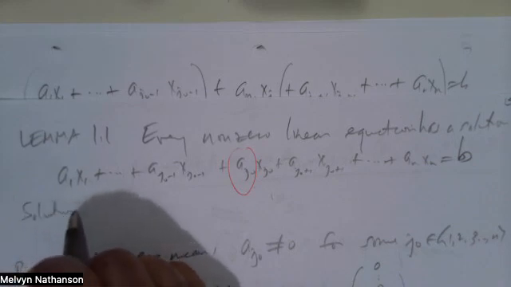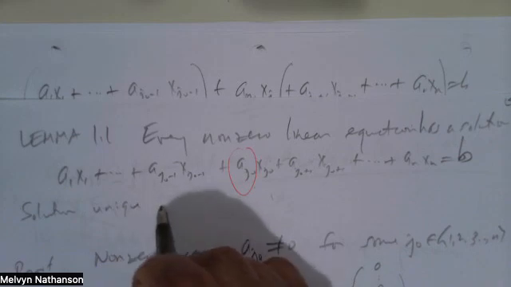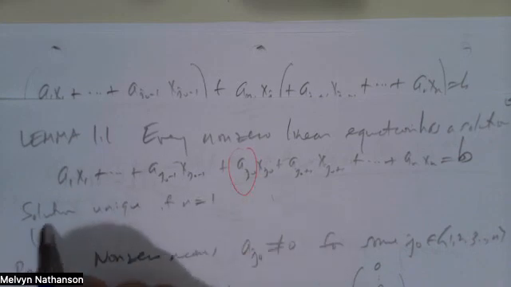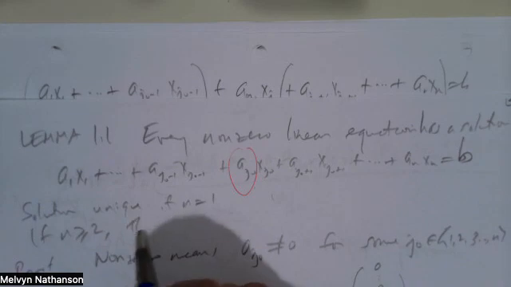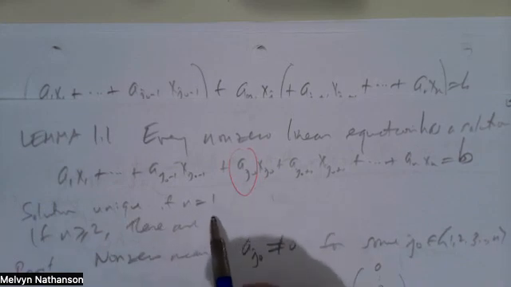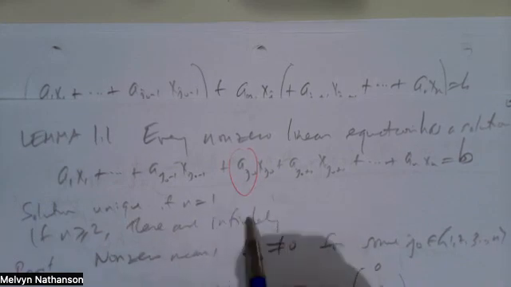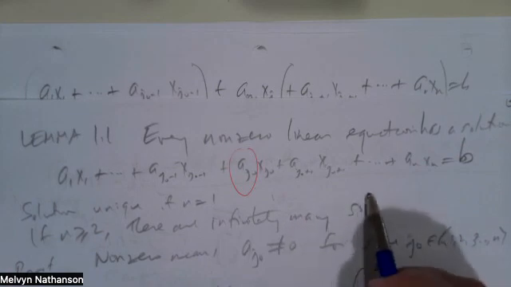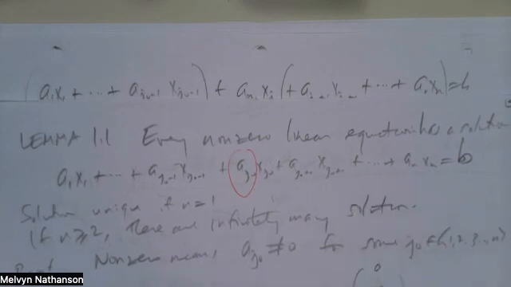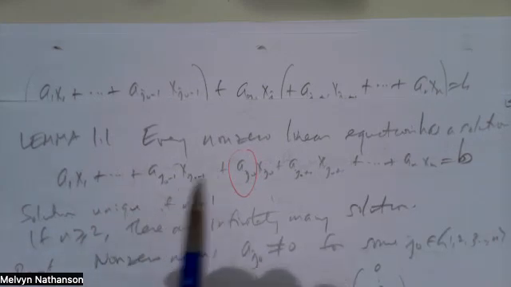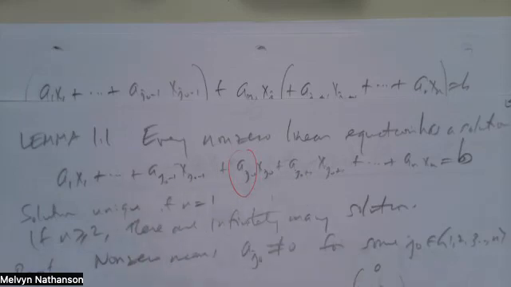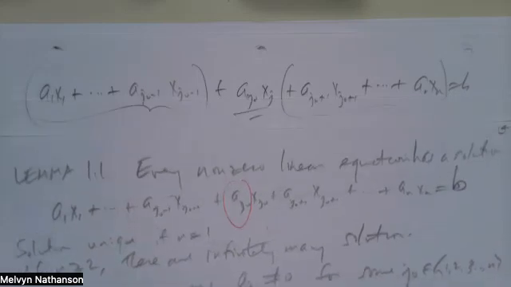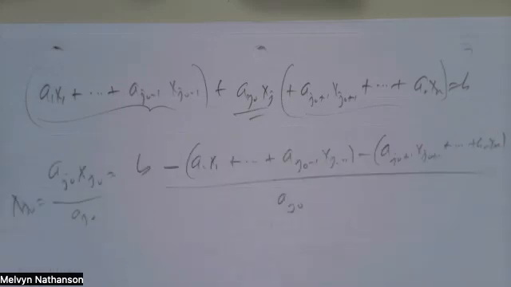The solution is unique if there's only one variable, but if there are two or more variables, there are infinitely many different solutions, because you can choose these variables, these coordinates in any way you like. So a non-zero linear equation in two or more variables always has infinitely many solutions.